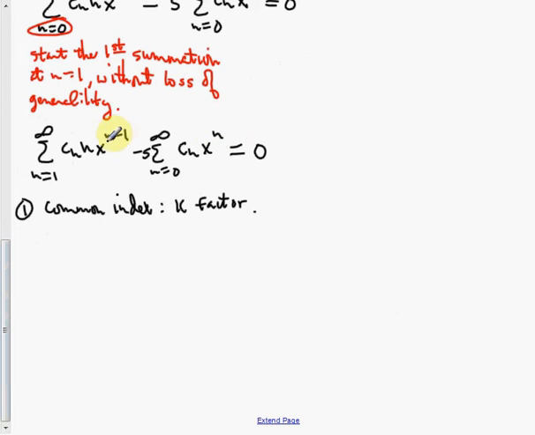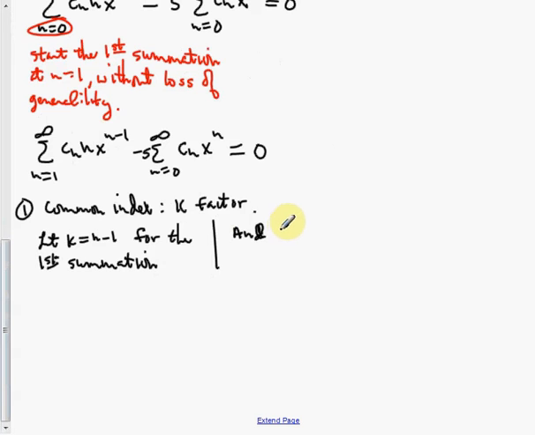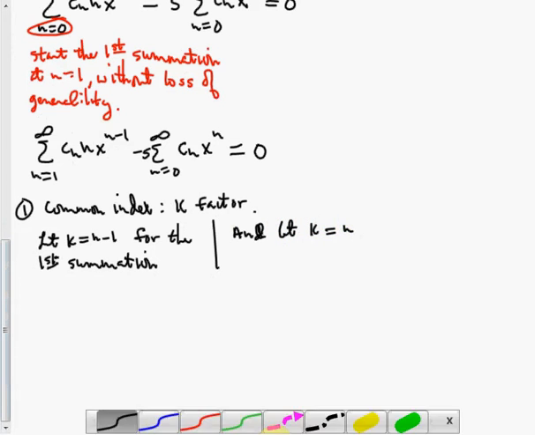So for the first summation, let k equal n minus 1. And for the second, let k equal n.